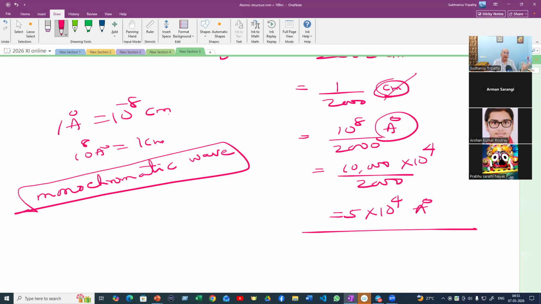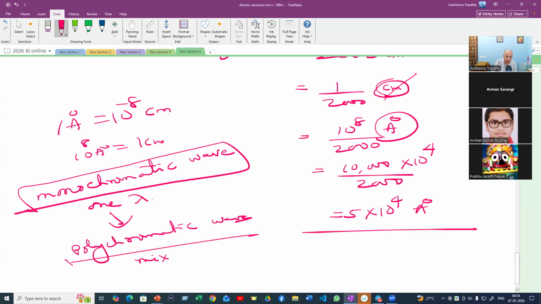But usually we have a bunch. Contrary to monochromatic, where there is one lambda, if there are multiple hundreds and thousands bundled together, it is called polychromatic. Polychromatic waves are mixed, more than one.